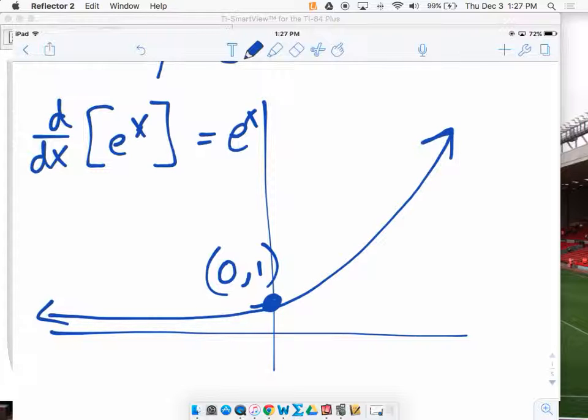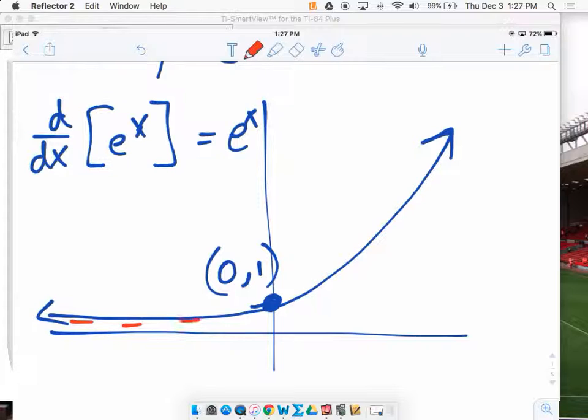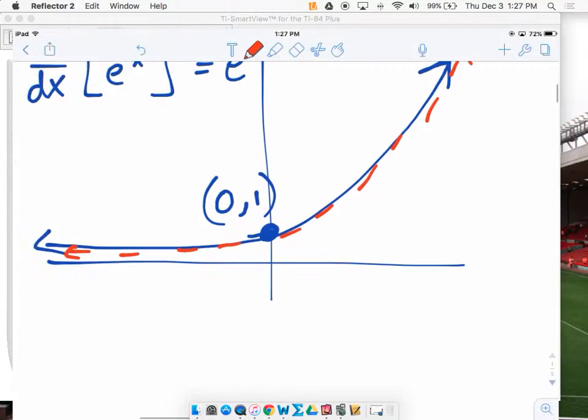So the derivative of e to the x is just itself. The only thing you have to remember with e to the x is if your exponent is something different besides just x, then you just have to do chain rule. But yeah, the derivative of e to the x is just e to the x.